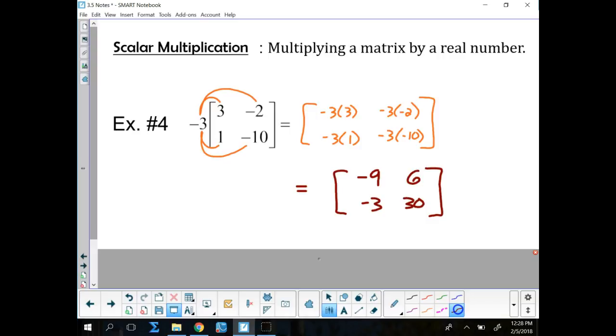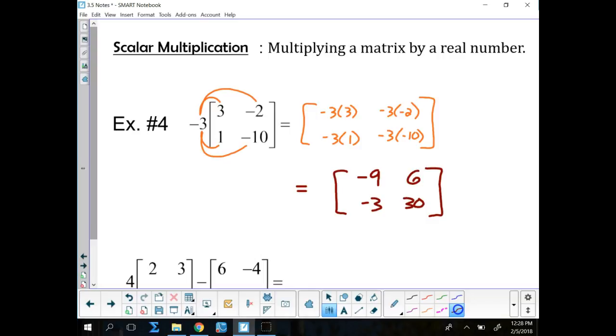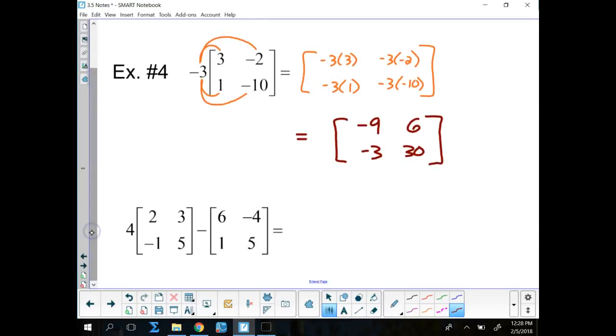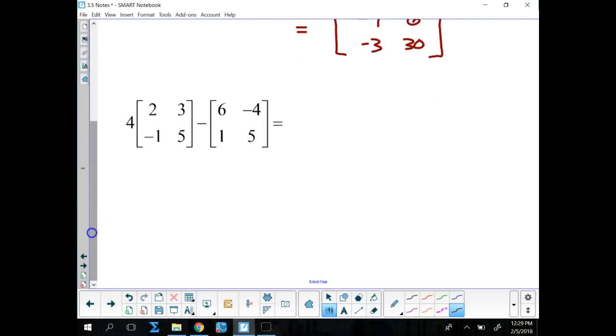Another awesome style of problem that you will see is a combination of those three things: scalar multiplication, addition, and subtraction. Please try this one now. So this is going to be the 2 by 2 matrix of 8, 12, -4, and 20.